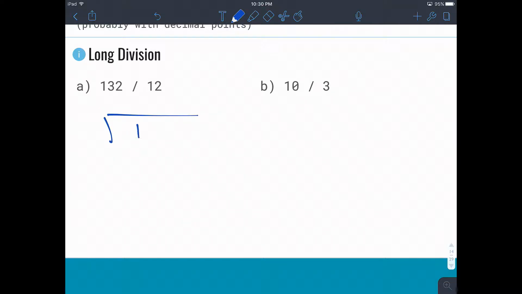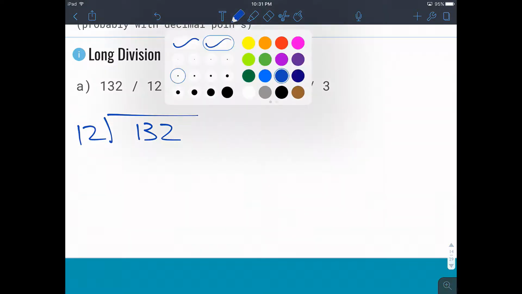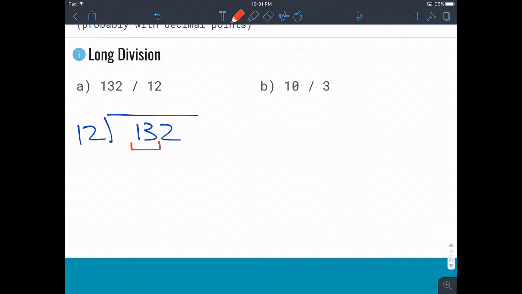So we have the number 132, and we're going to divide it by 12. Essentially, we want to look at how many 12s can fit into 132. Well, I have 12 and a 13 right over here. That fits, right? So I can take one of those, and 12 times 1 is 12.